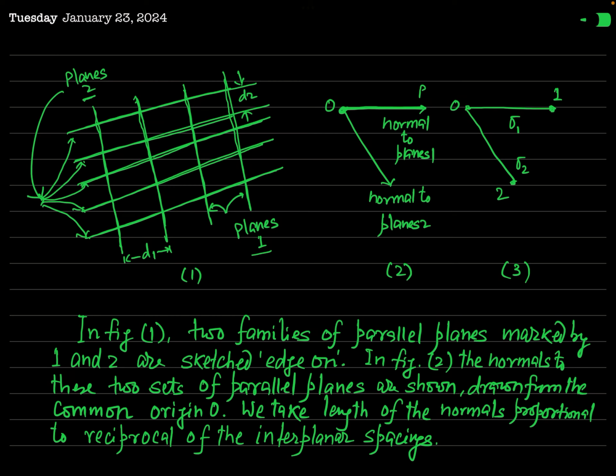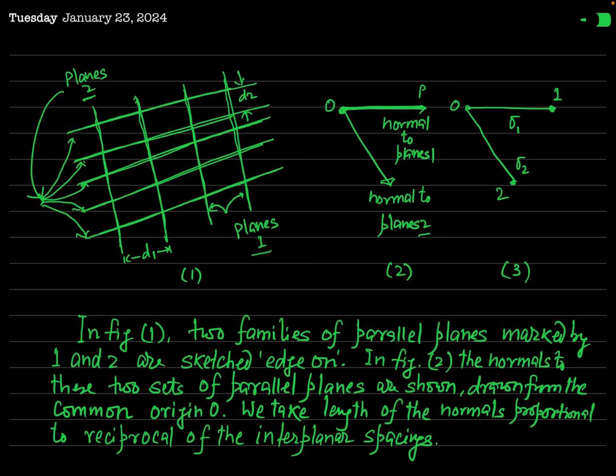And in a similar manner from the same origin O, again a normal is drawn on the set of parallel planes marked by 2. So you can see these normals uniquely define or represent the orientation of the parallel planes.